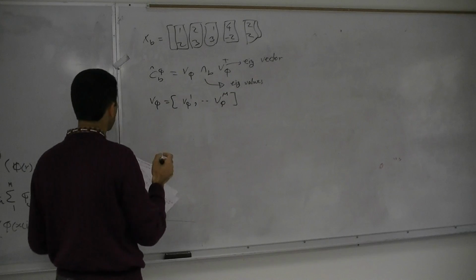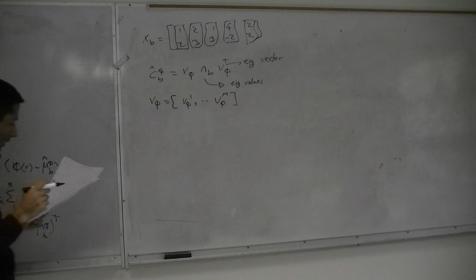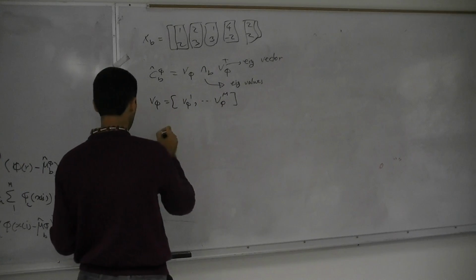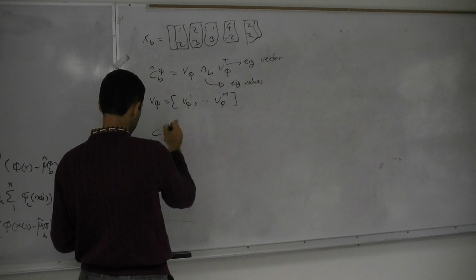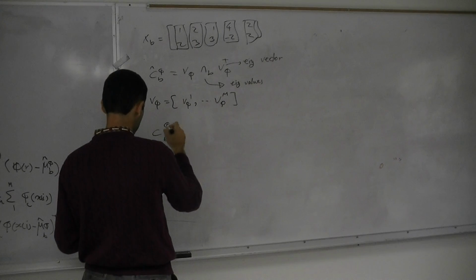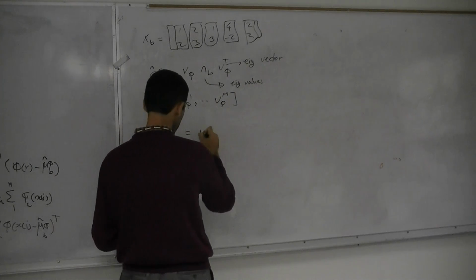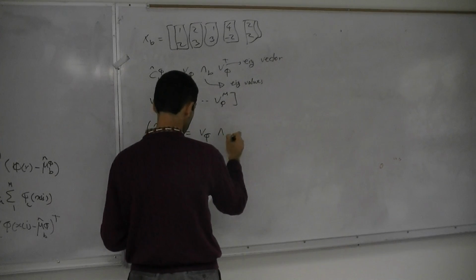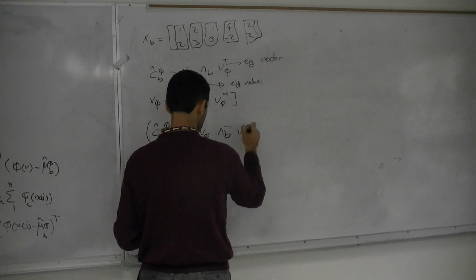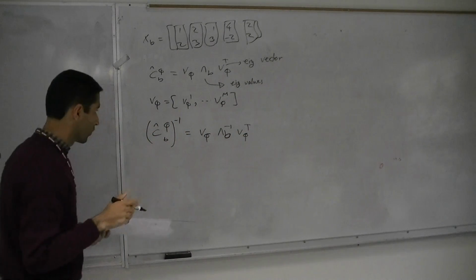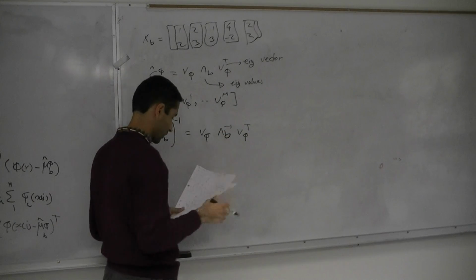Because here we need the inverse of the covariance matrix, we take the inverse of this diagonal matrix.